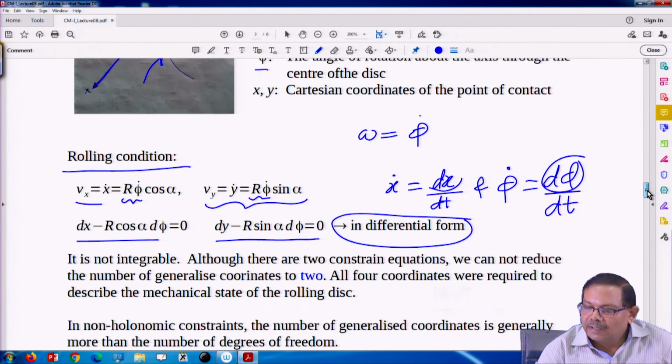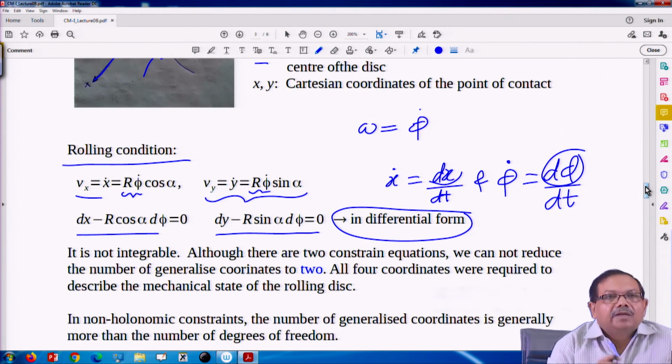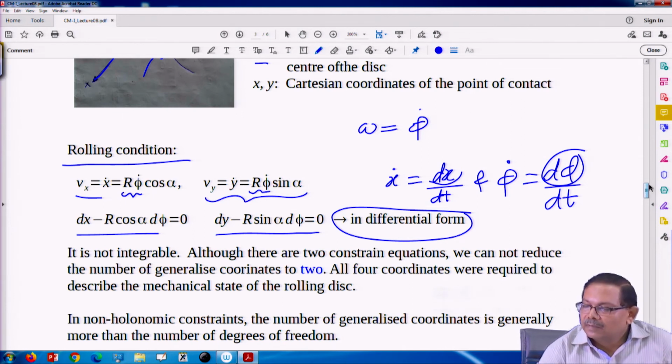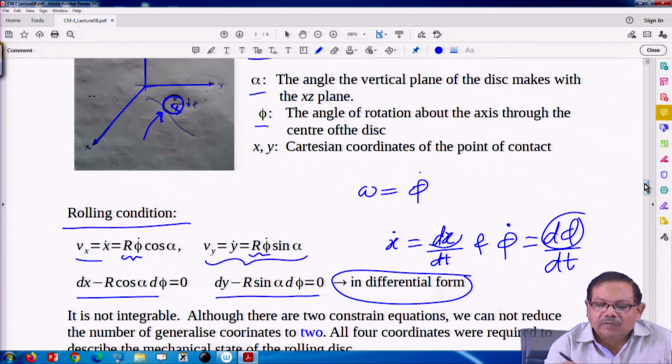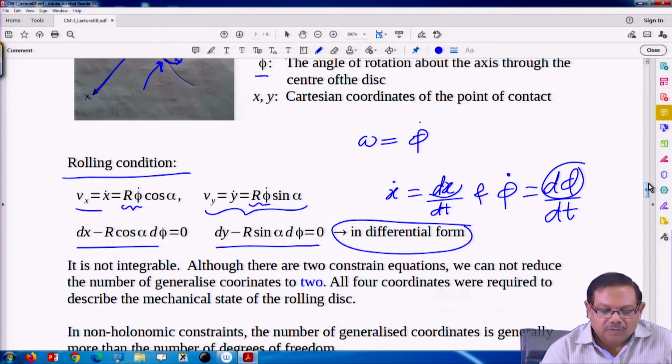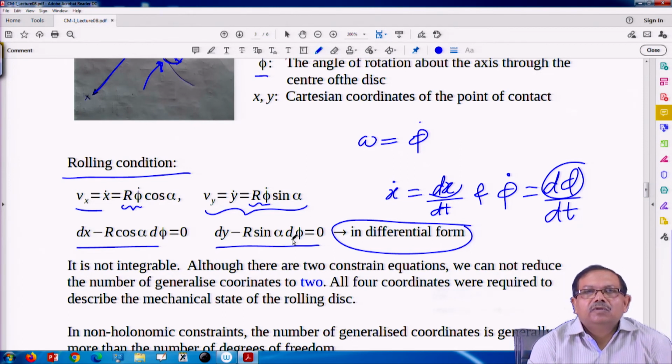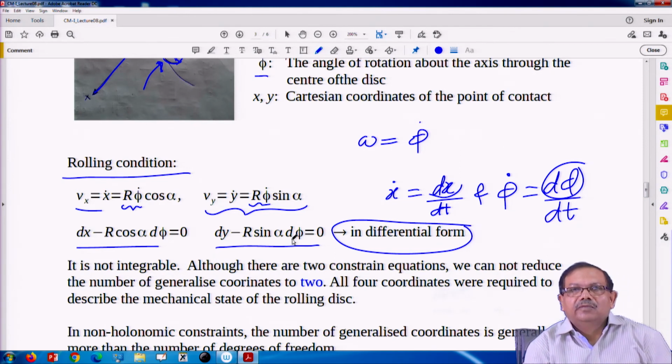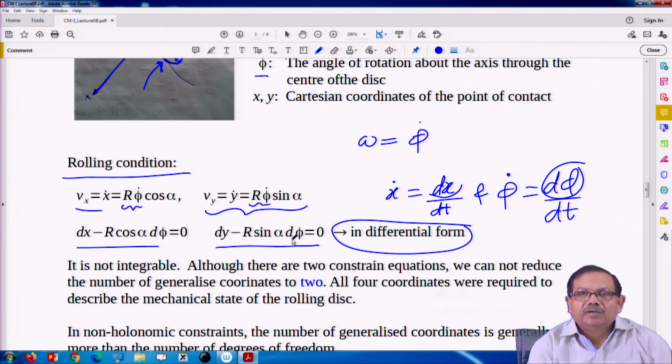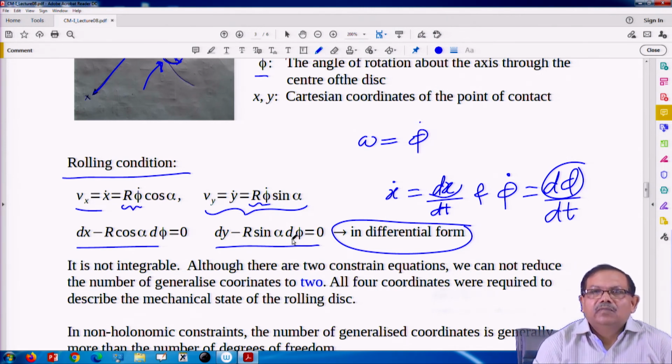If I can integrate this, then I can reduce the number of degrees of freedom, no, number of coordinates. Number of degrees of freedom is less, because there were 4 coordinates required and there are 2 constraint equations. So, in principle it has 2 degrees of freedom, not 4, but can we find out 2 generalized coordinates?